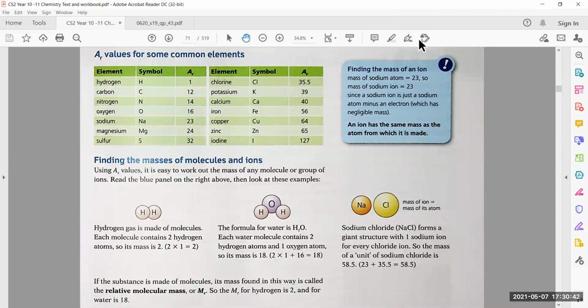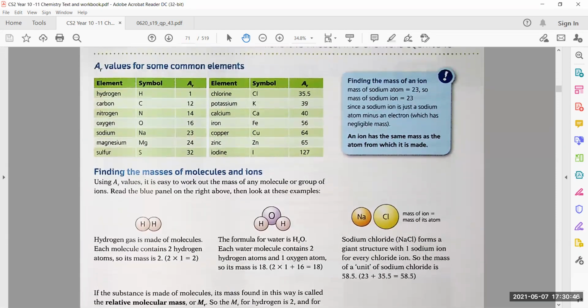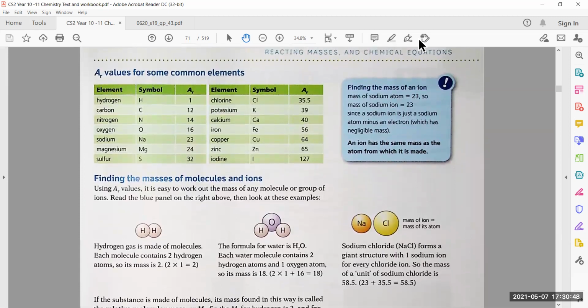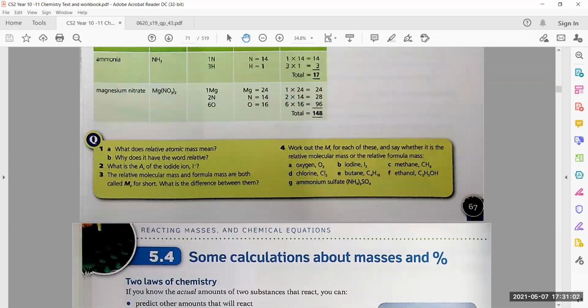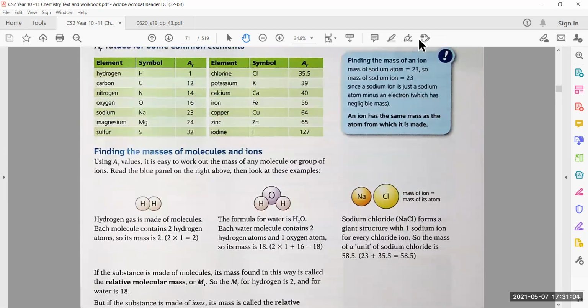So now let's look at this. This is a relative mass of a few elements. When we are doing an ionic compound, we call it relative formula mass, but it's not important. Whether it's relative formula mass or relative molecular mass, the calculation method is all the same. So what I want you to do is, here there is a list.